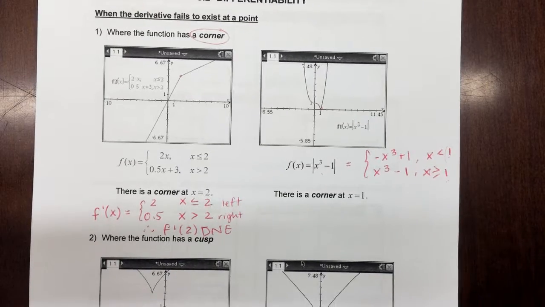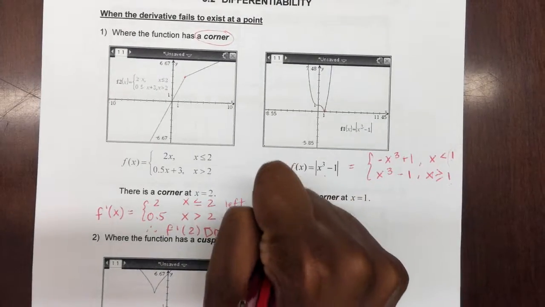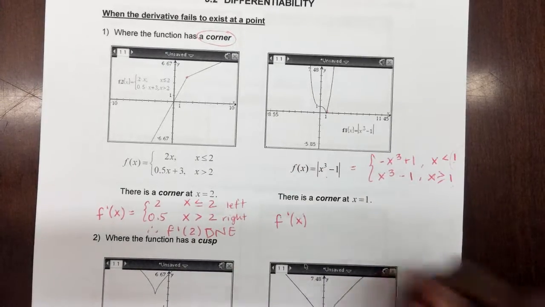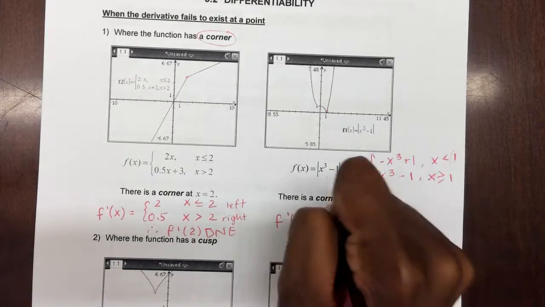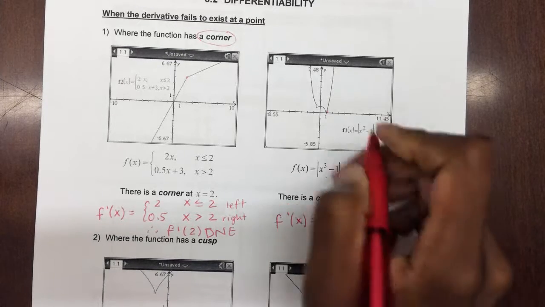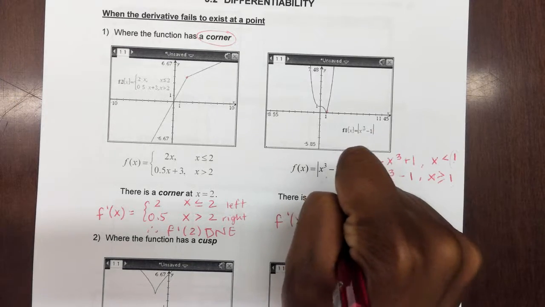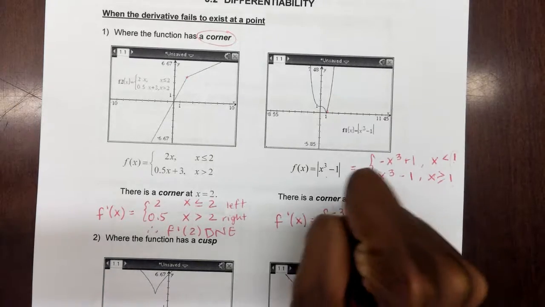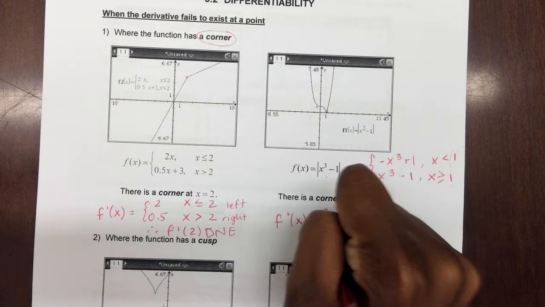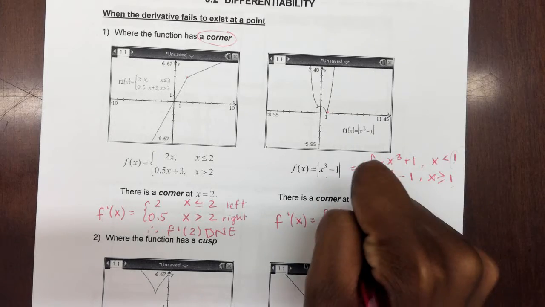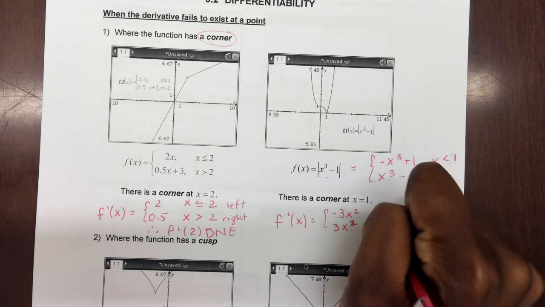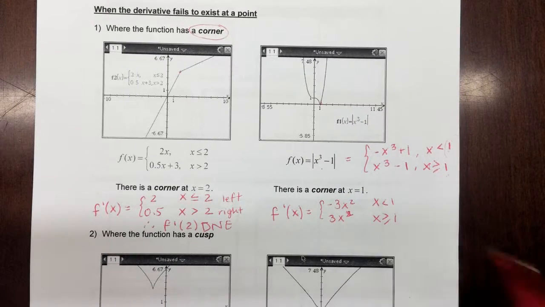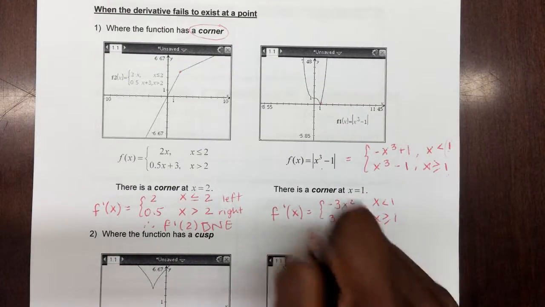Using that information, I again really quickly found the derivative of the left and the right hand side. The left hand side derivative was negative 3x squared when x is less than 1. And the right hand side derivative is positive 3x squared when x is greater than or equal to 1. Negative 3x squared and positive 3x squared are not the same.